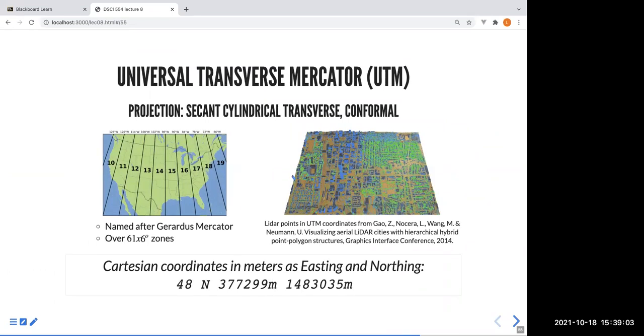This one is, sorry, I thought it was the last, or the second to last. This is another type of projection that is useful if you're working with very local data, where precision is important. So here is an example with LiDAR data that are reconstructed for, I think this is the Rhine.